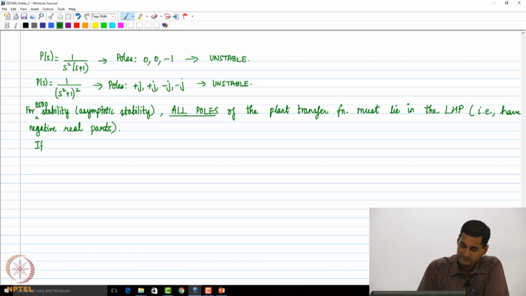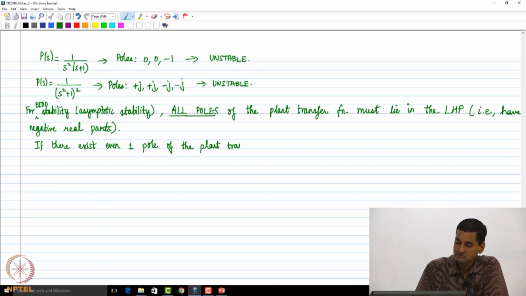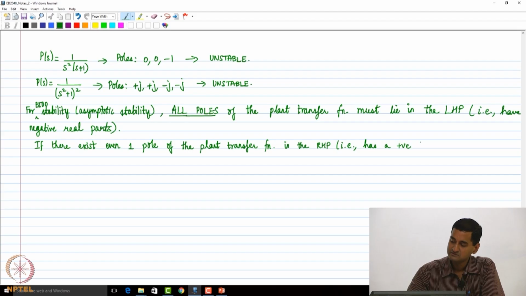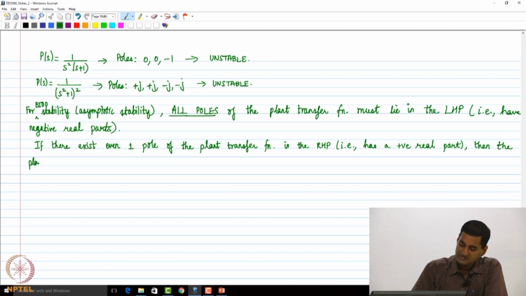Now, if there exists even one pole of the plant transfer function in the right half plane, that is, having a positive real part, then the plant or the system is not BIBO stable.